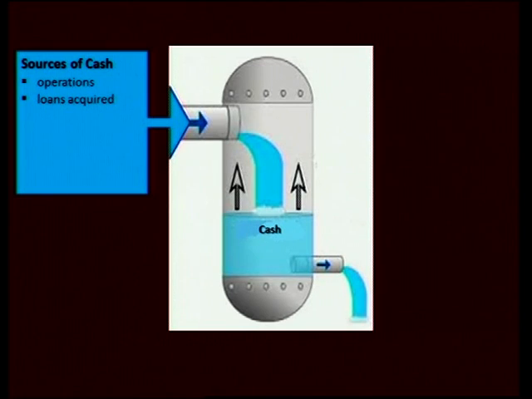But also, money can flow into the business with loans that the company acquires, or when the company disposes of assets, when the company issues more share capital, and when maybe a fixed deposit expires.